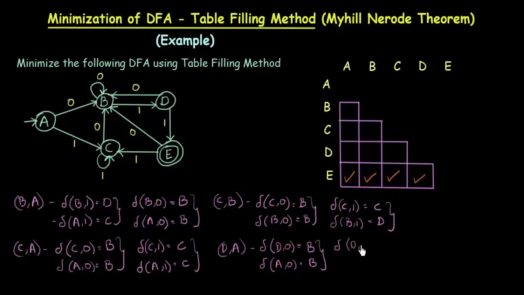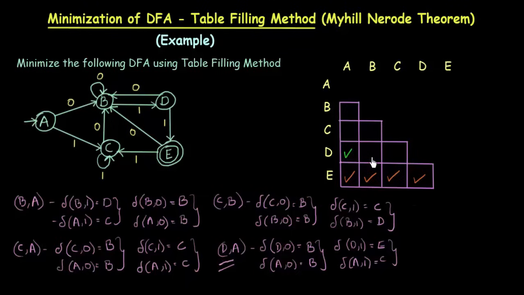And then D on input 1, it goes to E, and A on input 1, it goes to C. We get the pair called EC. Now check if EC is marked. EC, yes, EC is marked. Now since EC is marked, I have to mark this DA. So let us mark this DA. This is DA, and we mark it.